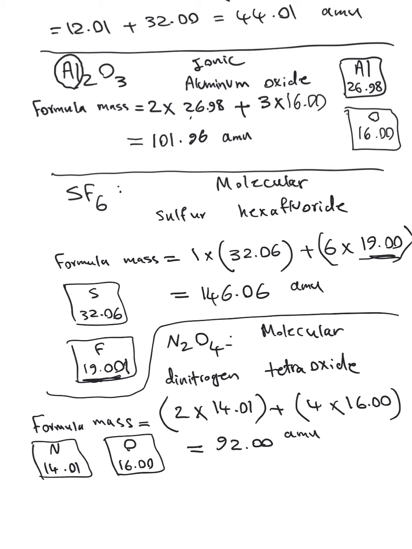Okay, so then on sulfur hexafluoride, I didn't round based on the periodic table I have, and I got a different number. So what number did you get? 146.65. So what numbers did you use? 32.66 plus.